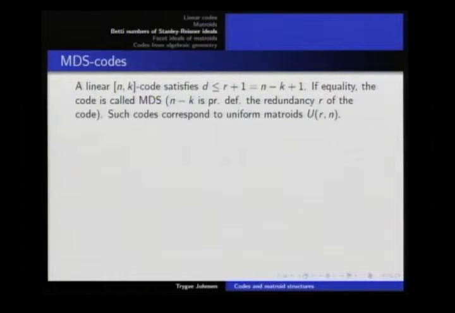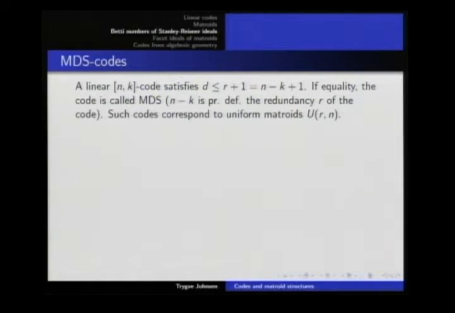But this turns out to be the same as saying that all choices of R columns of the parity check matrix are independent, where R is n minus k, the redundancy, and also stands for the rank of that matroid.